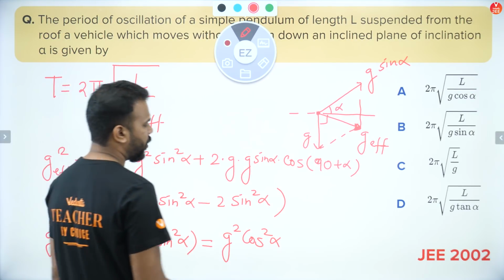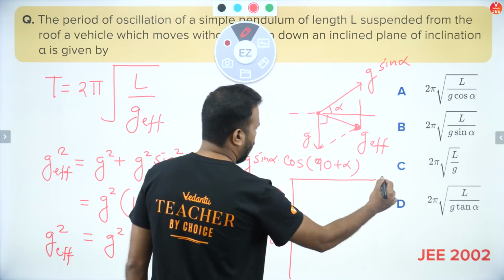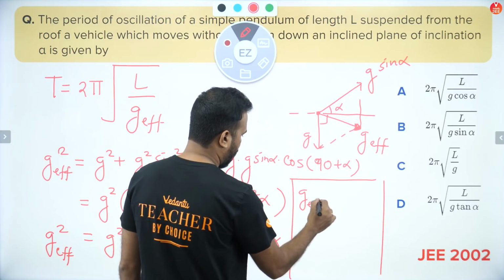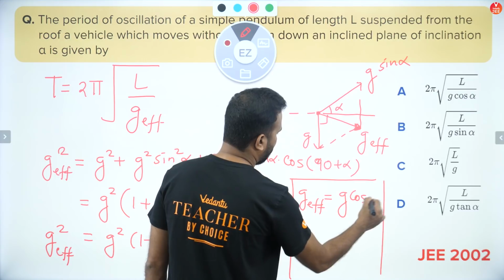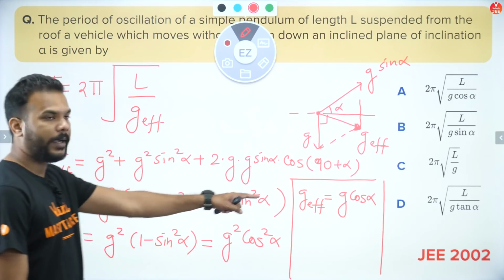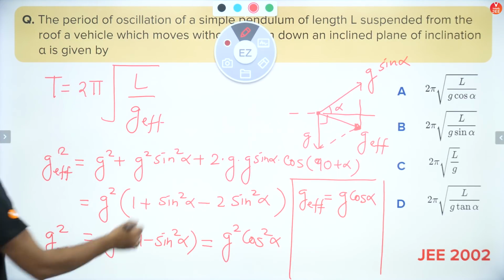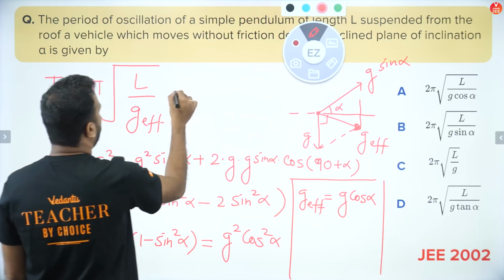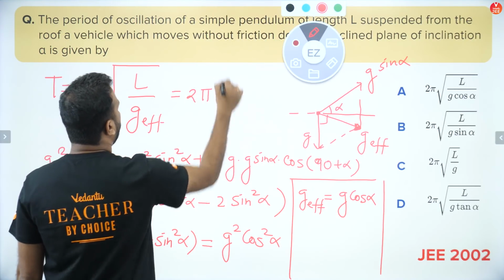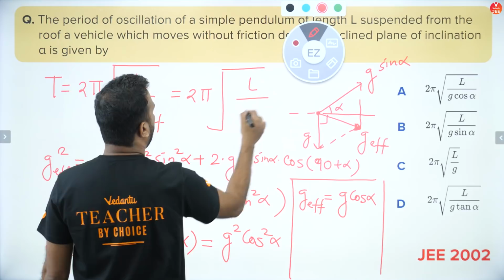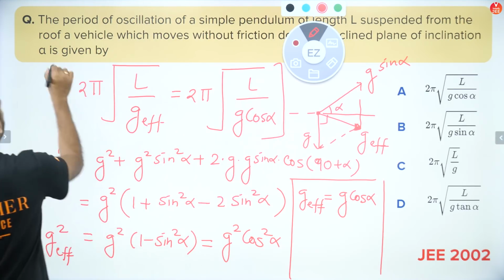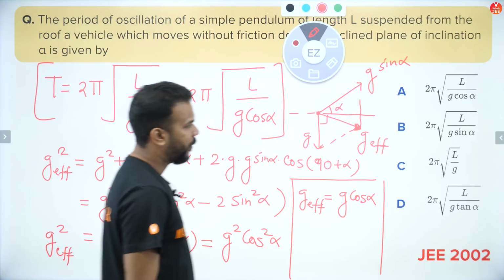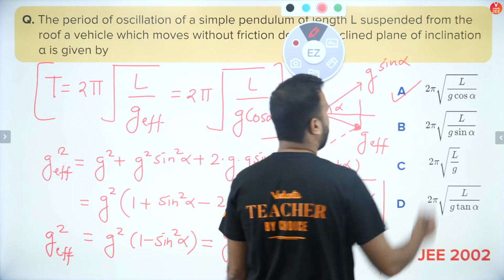The value of g effective comes out to be g cos alpha. As simple as this. That means instead of writing g effective now, you can write down the final value of expression as 2 pi under root of L by g cos alpha, and that will be the answer to this question. Okay, that is option A.